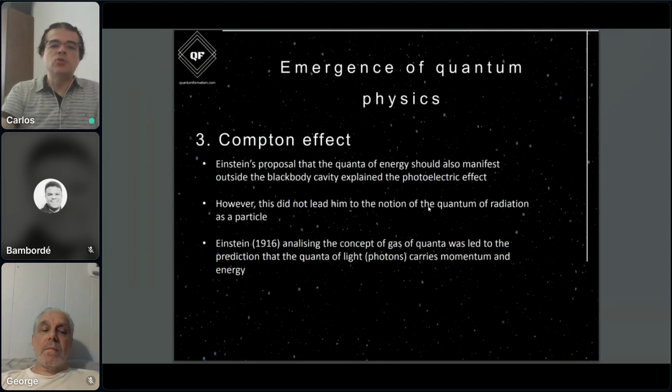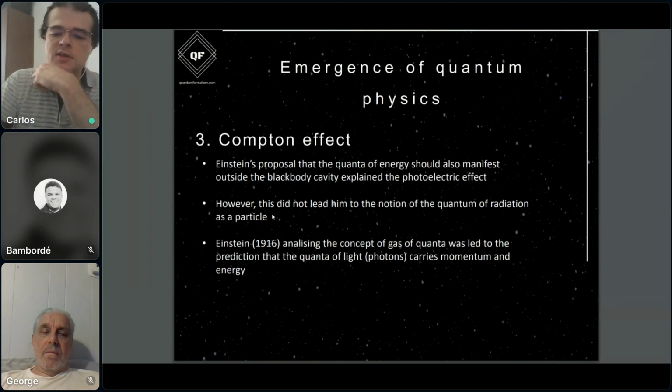However, this did not lead him to the notion of quantum radiation as a particle. I mean, today we know that the photoelectric effect would be enough to conclude that radiation, that light, could behave like a particle. But at that time, Einstein didn't notice. No one noticed this property.